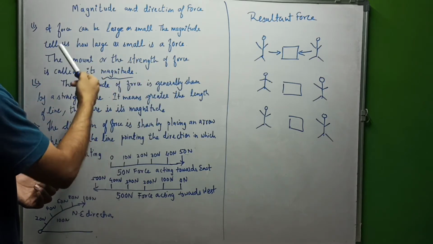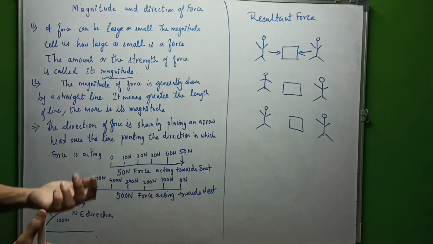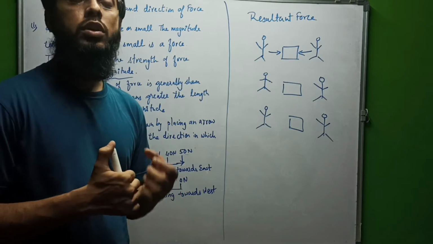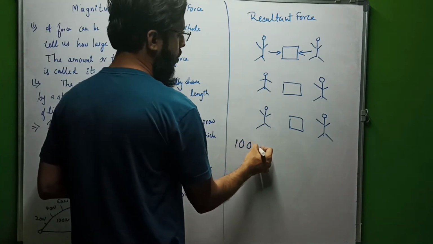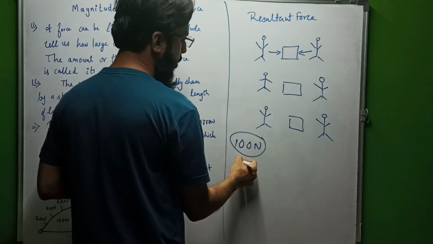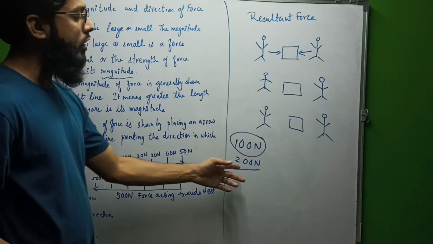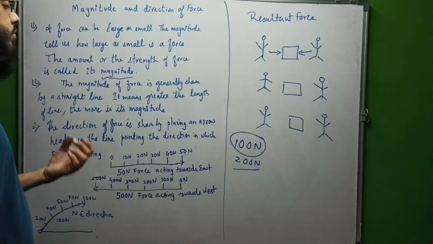The amount or the strength of force is known as its magnitude. If I tell you 100 Newton of force and 200 Newton of force, we can understand the amount of force by the unit of force, that is Newton.